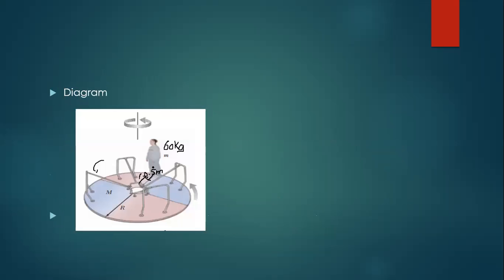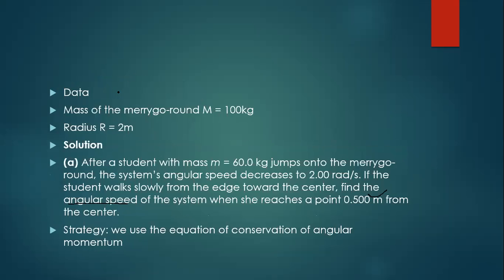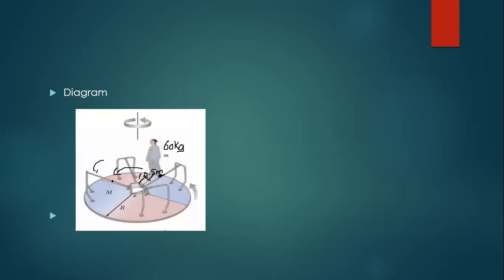When the student jumps onto this rotating merry-go-round, the student will have the same angular velocity as the merry-go-round because the student is on it. So we can take the moment of inertia of the merry-go-round plus the moment of inertia of the student, and since the angular velocities are the same, we can make the angular velocity the subject of the formula, because when you are standing on something which is rotating, you have the same angular velocity as it.